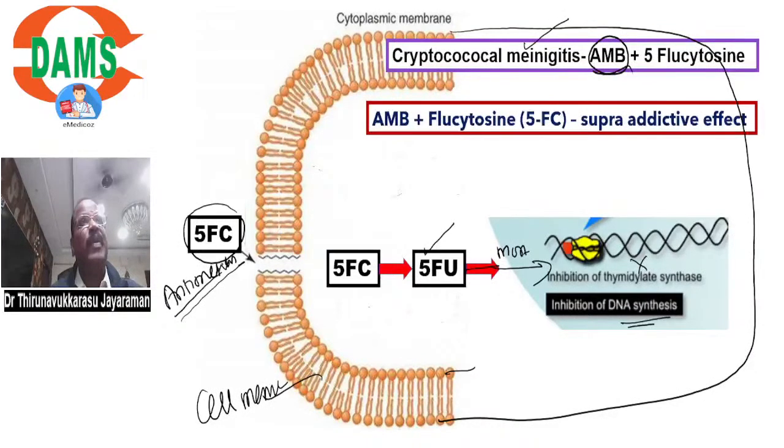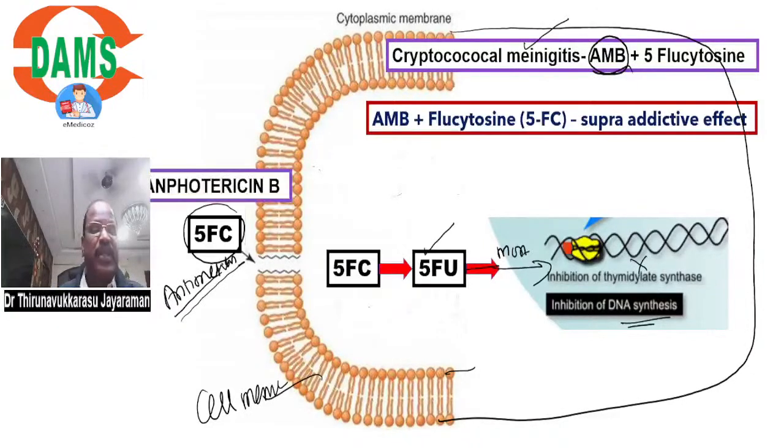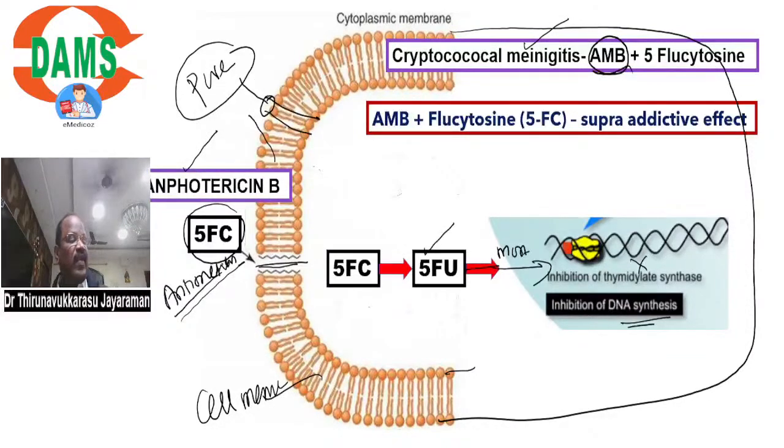with amphotericin B. Why do you want to combine? Look here, amphotericin B, we know, acts on the fungal cell membrane and forms a lot of pores. By forming micropores, all the fungal content leaks out. So amphotericin B makes pores in the fungal cell membrane. Through the pore, my 5-flucytosine enters into the fungus, attacking the nucleus.